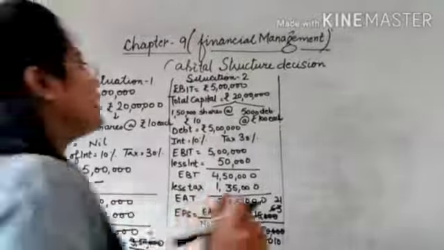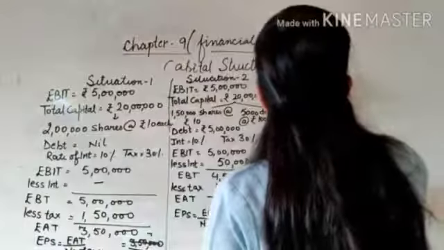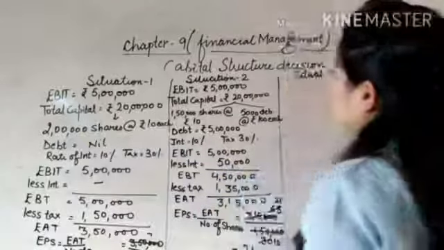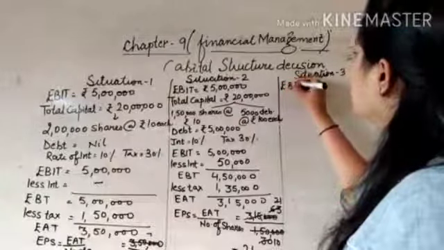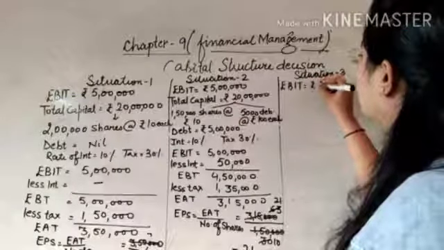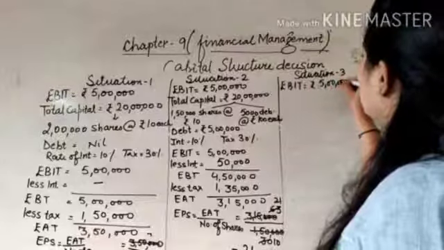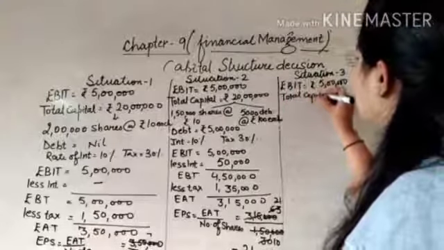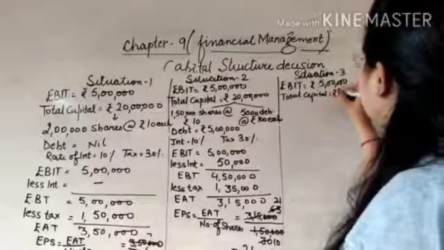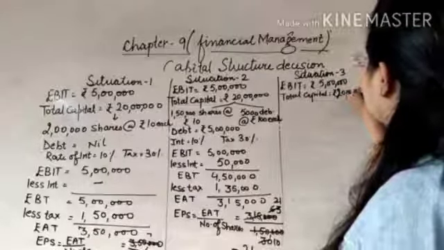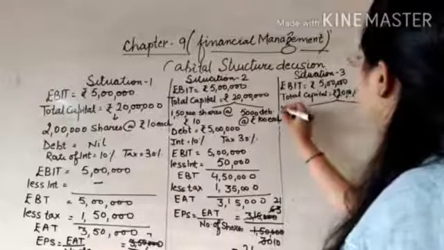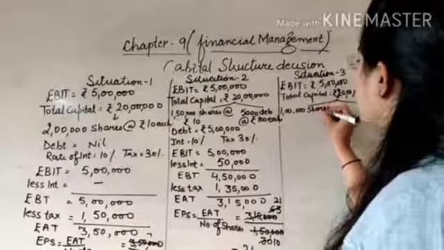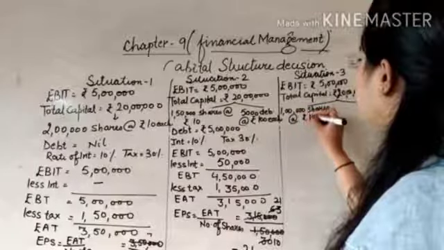Now, situation 3. EBIT 5 lakh. Total capital 20 lakh, divided into 1 lakh shares at the rate of rupees 10 each.